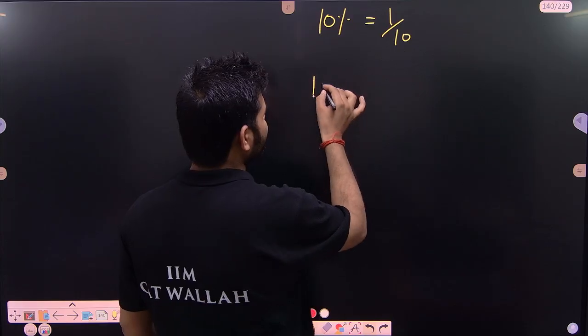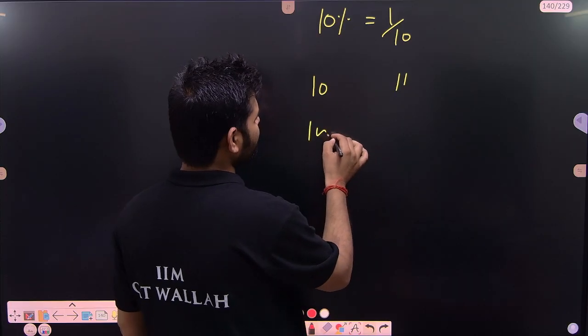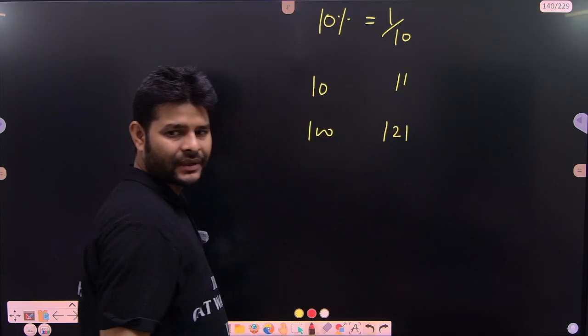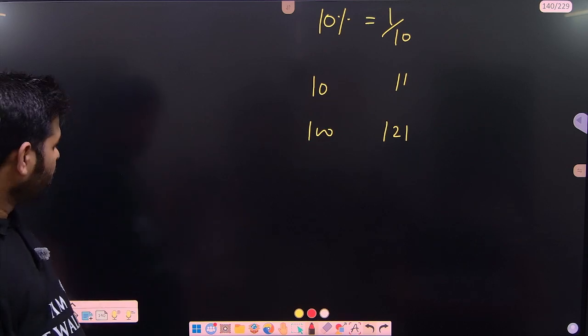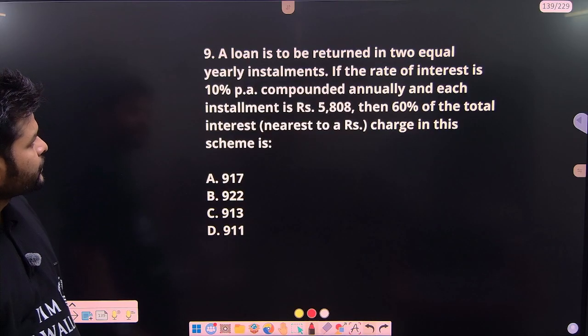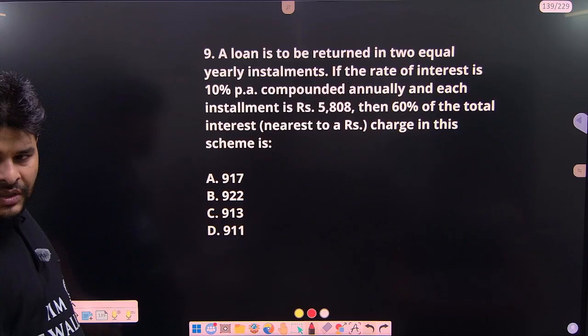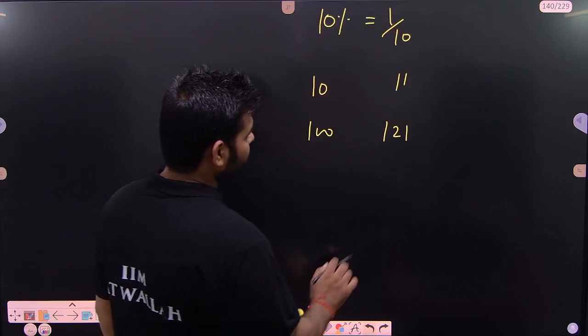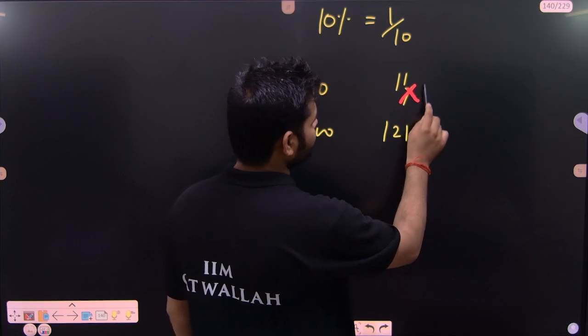For first year, that amount will be 10 to 11, again 100 to 121. We have only 2 years, two equal installments, and each installment is equal. So first we need to make it equal. We need to multiply by 11.